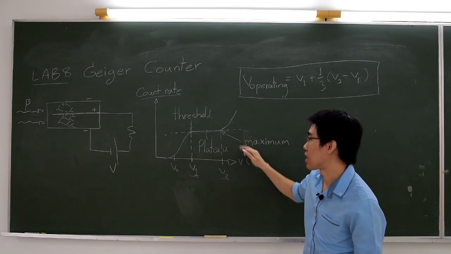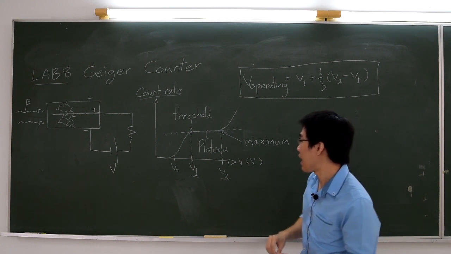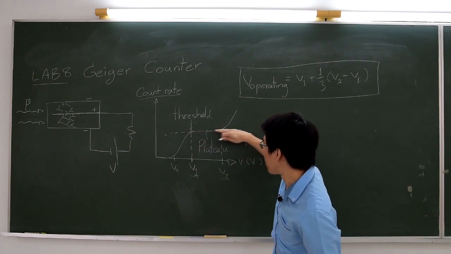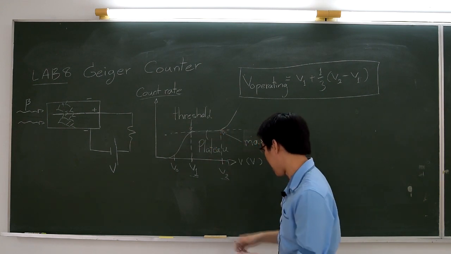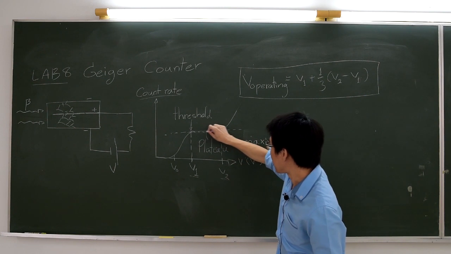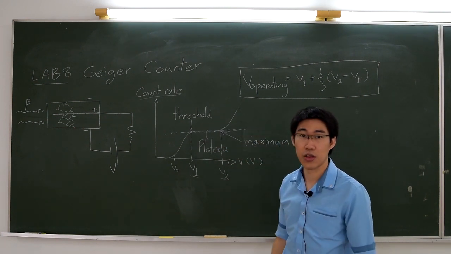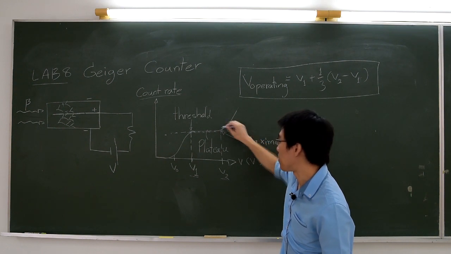The technique we use to determine these two points is drawing a straight line over the plateau region. We can use the ends of the plateau region on this line to determine the voltages V1 and V2.